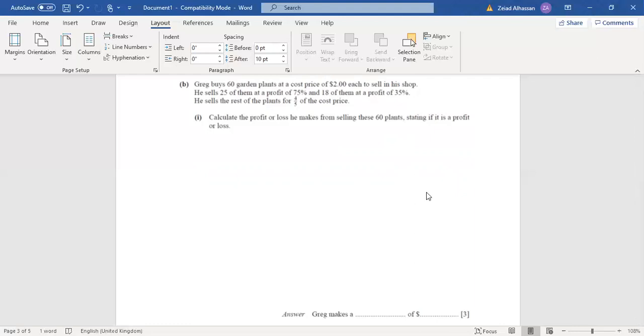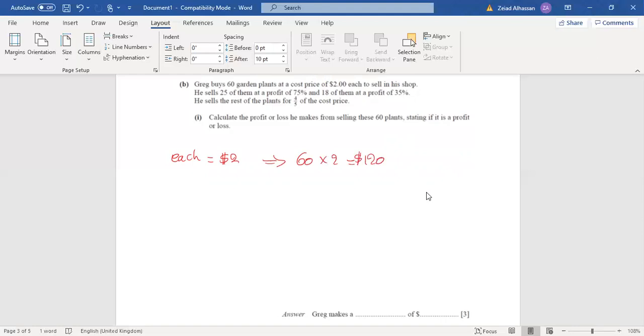He buys 60 garden plants at a cost price of $2 each, which means each one is equal to $2. But what about the 60 plants? 60 plants times 2 is equal to $120. So he will pay $120.